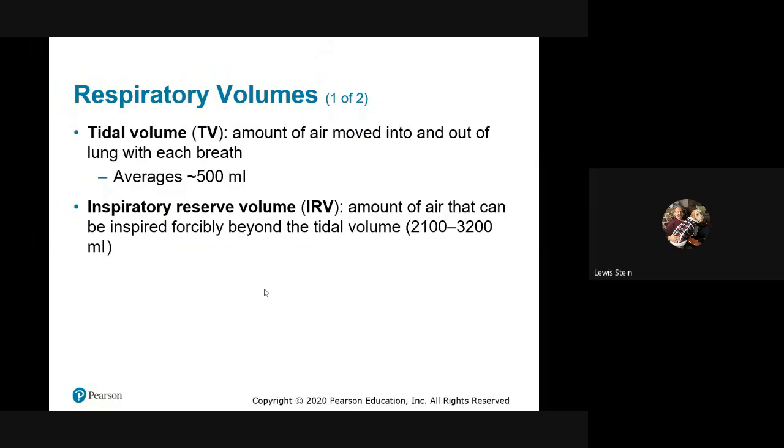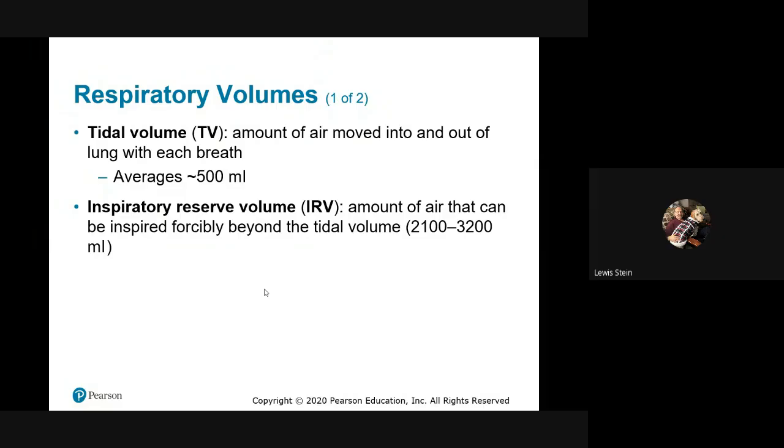Even after you normally would inhale, you always have a greater amount of inspiratory reserve volume. Try it yourself. You can take a really deep breath compared to how much you have to blow out the candles. That's your expiratory reserve volume. Without taking a deep breath like you would on your birthday, and just starting from there, you can't do it quite as much.